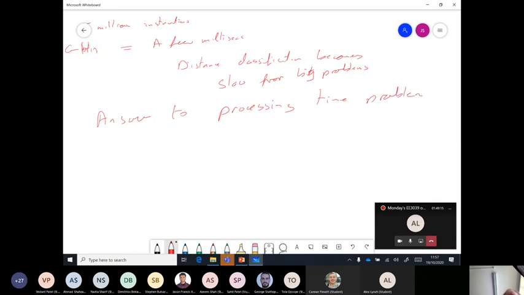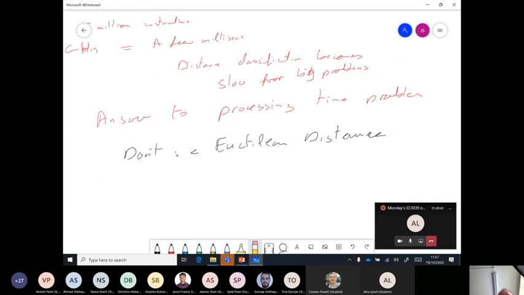The answer is don't use Euclidean distance. It is too computer hungry in terms of processing.